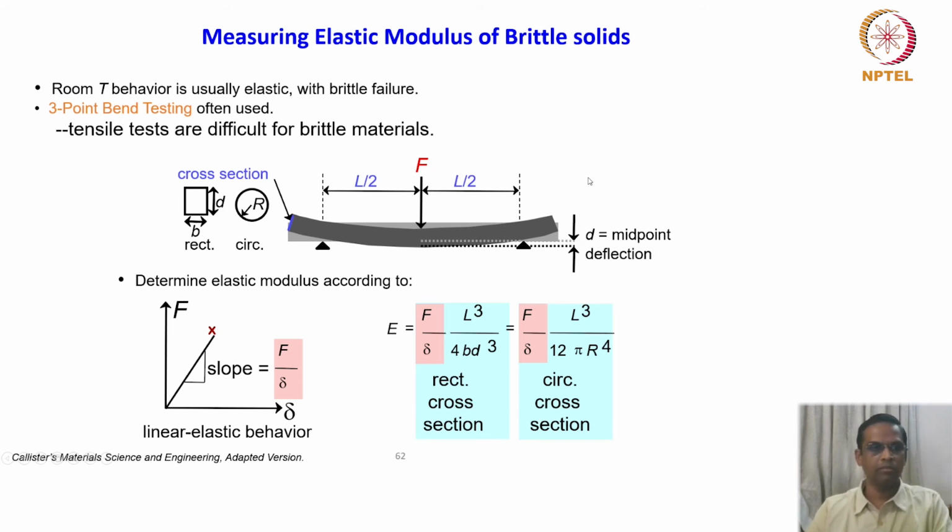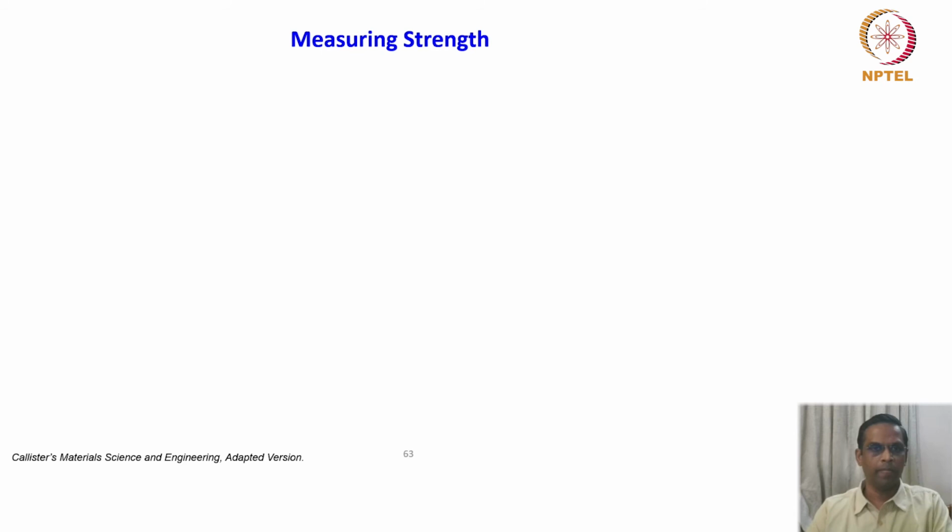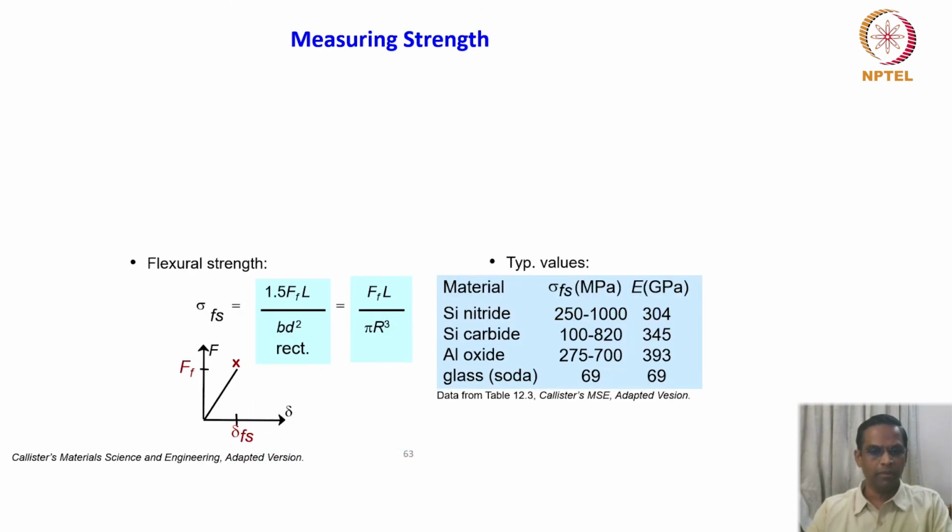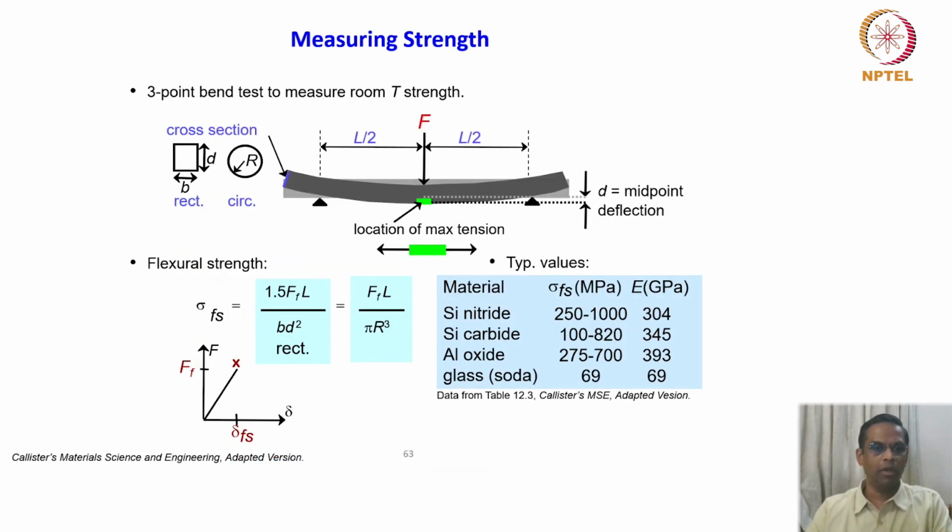Okay, this is also quite a common test people use. For measuring the same type, again 3-point bend test. The formula is different here. It is called flexural strength. Okay, this is not called the yield strength or tensile strength.